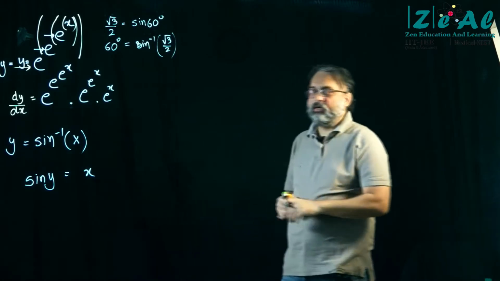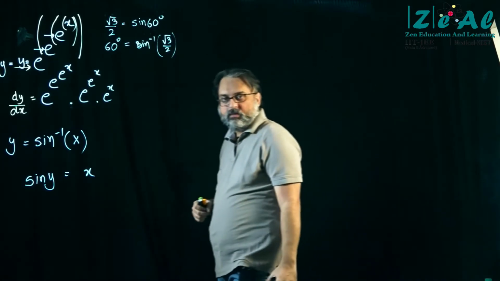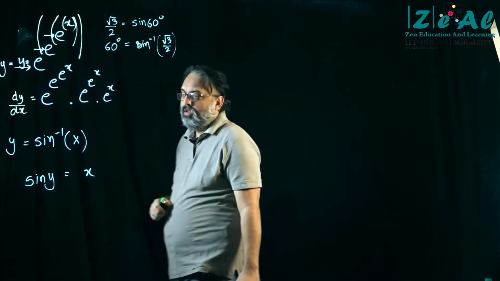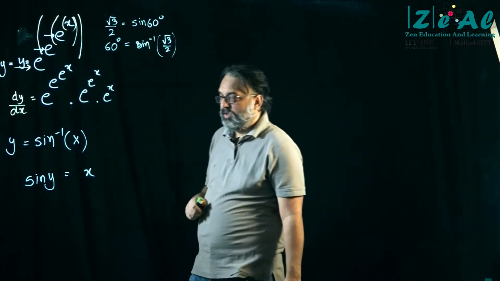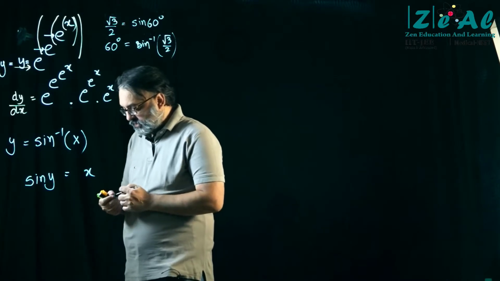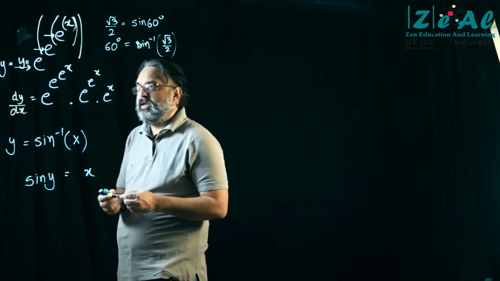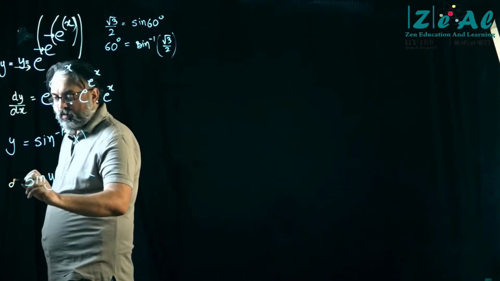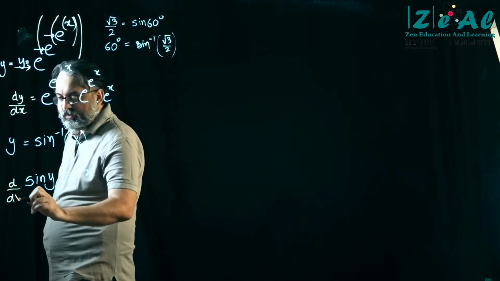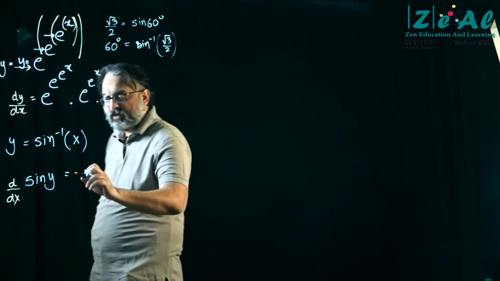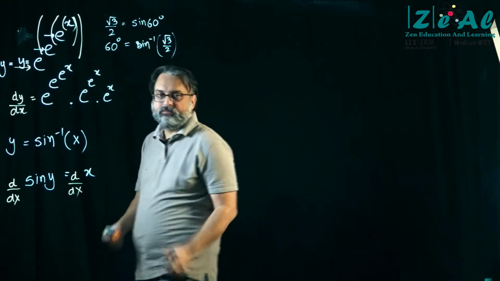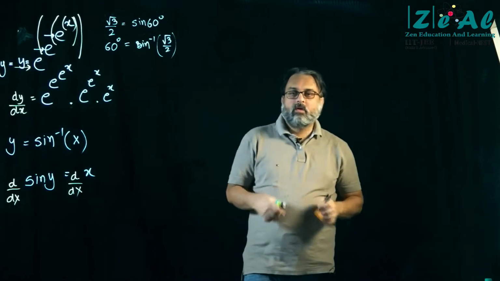So this is the meaning of y is equal to sine inverse x. Okay. Now, since मेरे को तो dy by dx निकालना है, so what I can do is I can operate d by dx on the left hand side and d by dx on the right hand side. Okay.